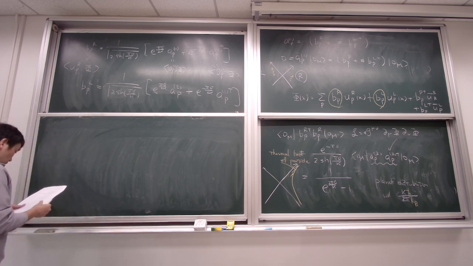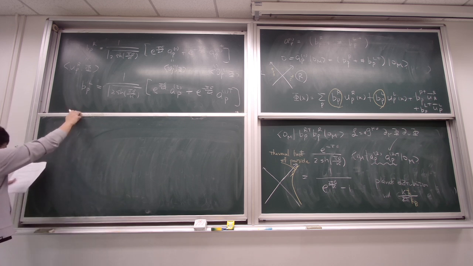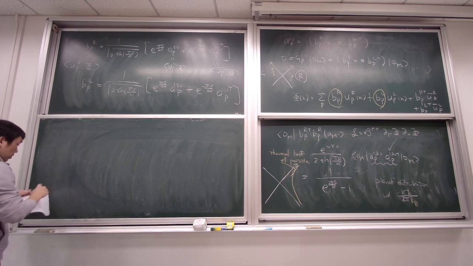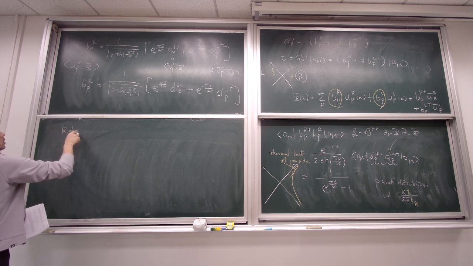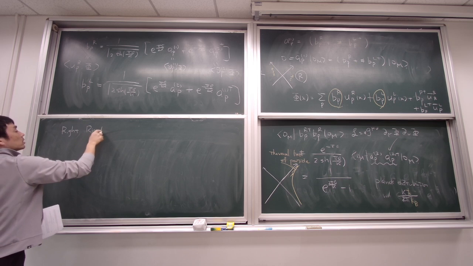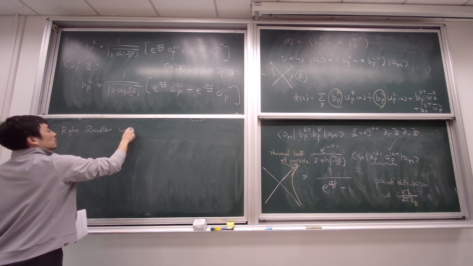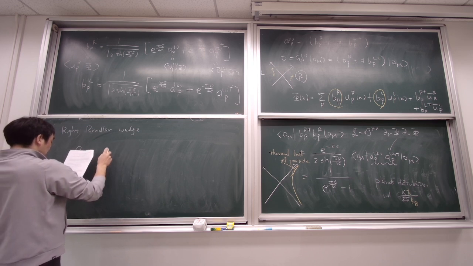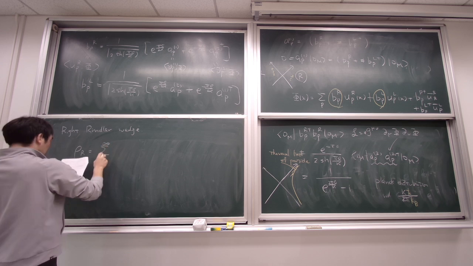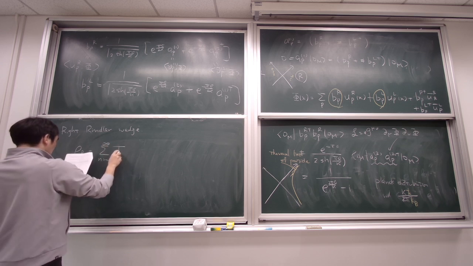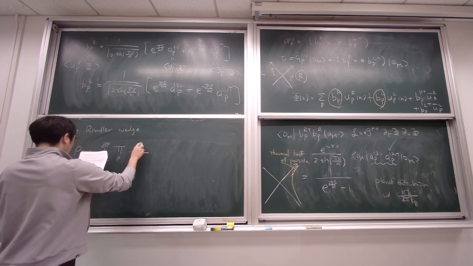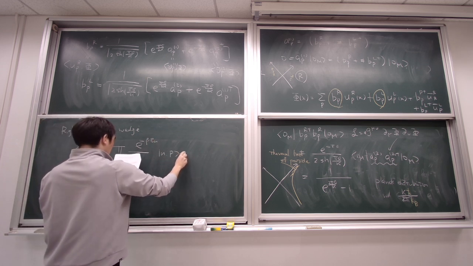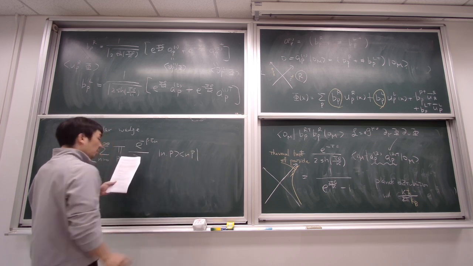So this Planck distribution means that the right Rindler wedge density matrix is given as follows: the sum from n equal to 0 to infinity of e to the minus beta E_n, projected onto |n><n|. So the density matrix becomes like this.